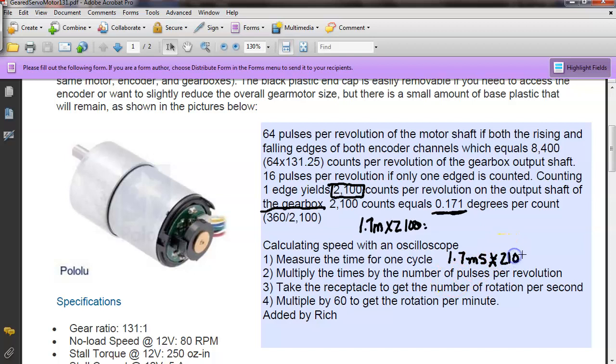Guys, this still is not going to work out right. So what you got? And this would be what? Seconds?